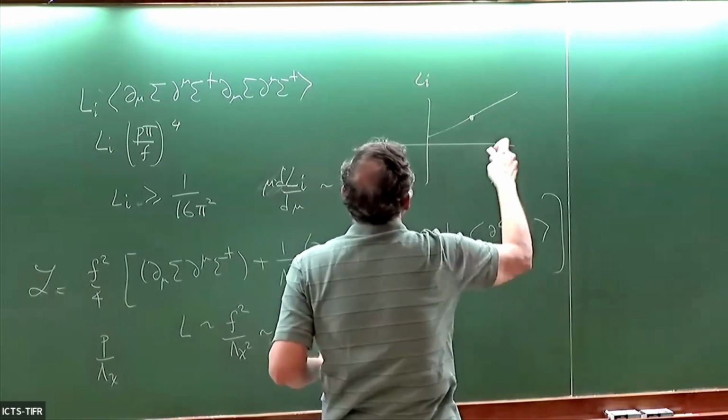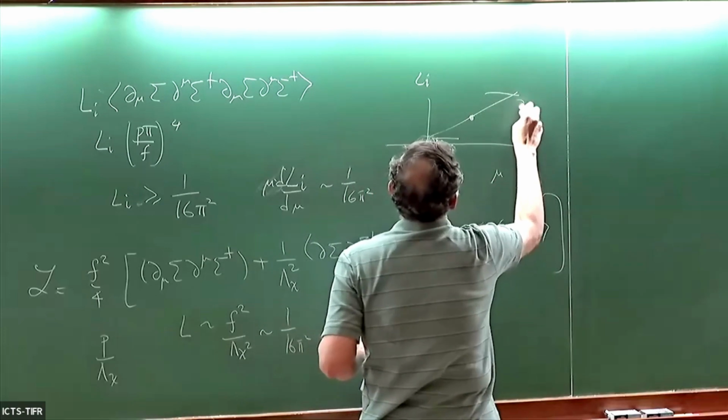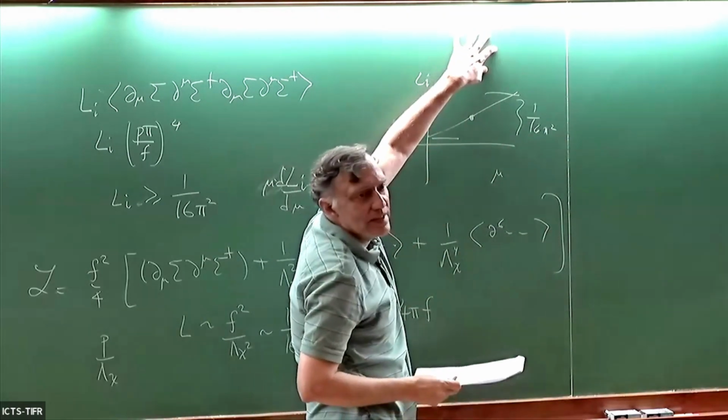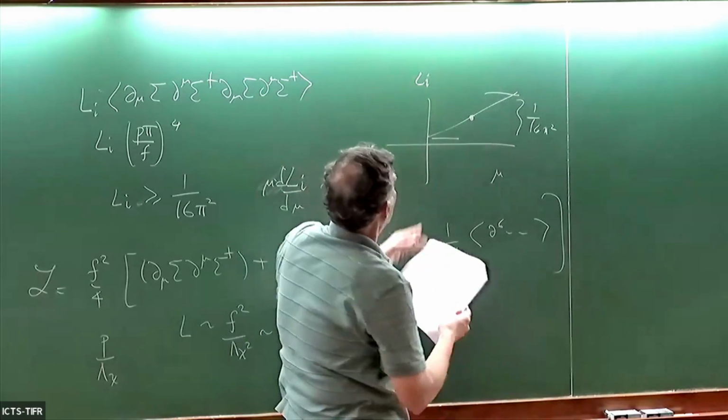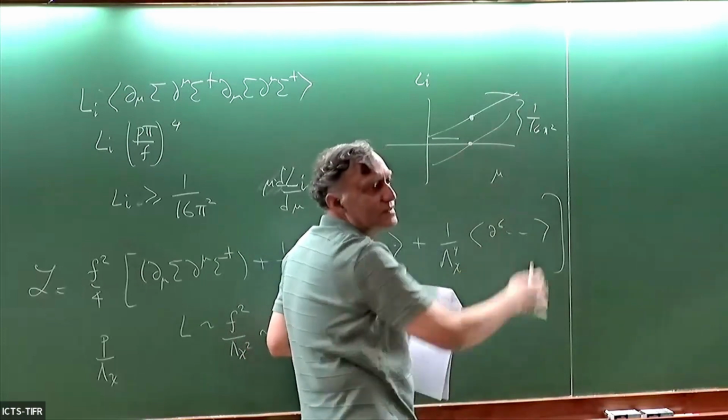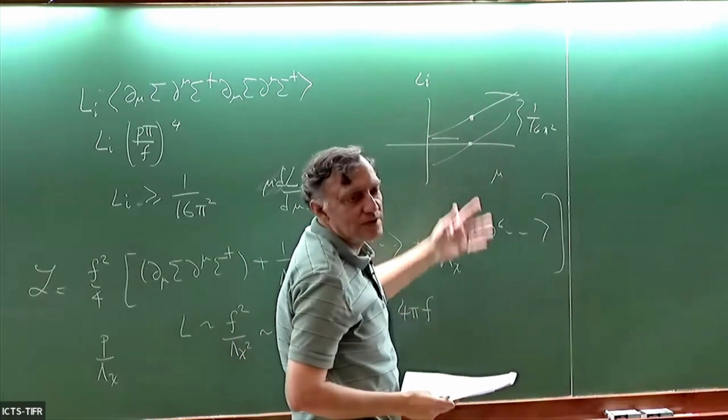As you move mu around, it moves by an amount of order 1/16 pi squared. It's possible that this thing was way up here and Li was much bigger. But if Li was very small and this dot was here, well, that's an accident, because most of the curve is of order 1/16 pi squared away.